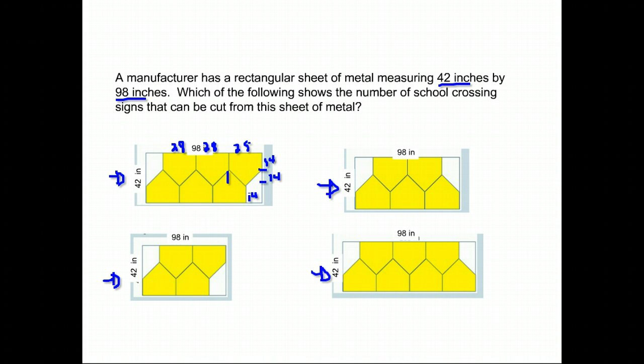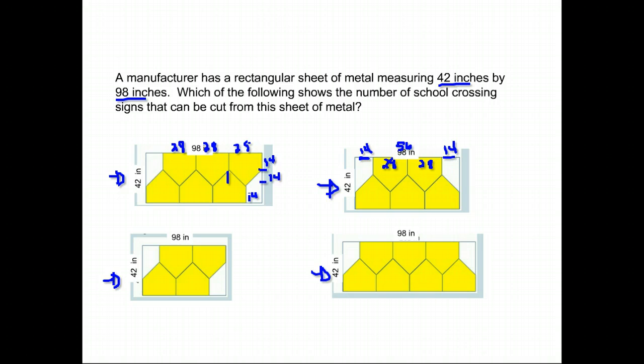Okay, so looking at those, do any of them look like they actually work out? Do they actually give you 98 across the bottom is one thing. Okay, this one, if we had 28, 28, we get 56 here, and 2 halves, that would be another 14 and another 14, because those are half of a figure.